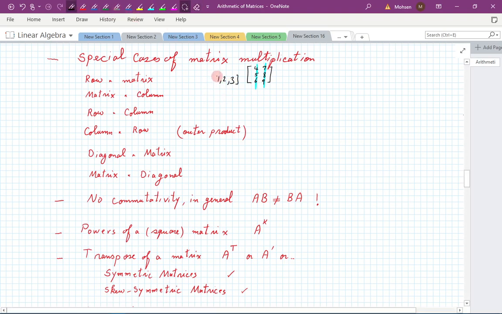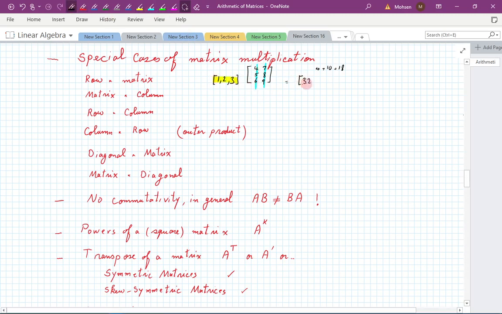Nothing any different. It's just getting used to the idea that our matrices could be of a special size such as just having one row. So 1 times 4, so it's going to be a 4, and then 2 times 5 is a 10, and 3 times 6 is an 18. So I have a total of 32 as a product of my row and the first column.